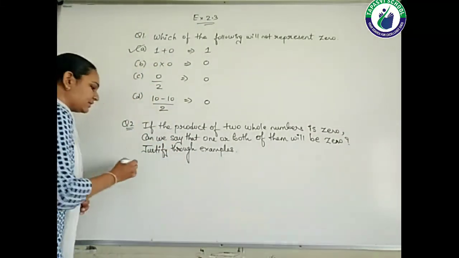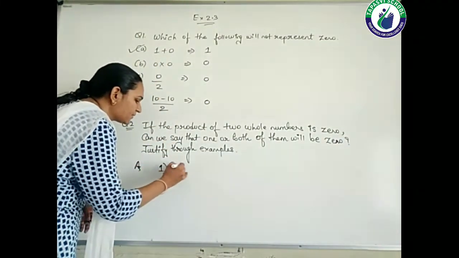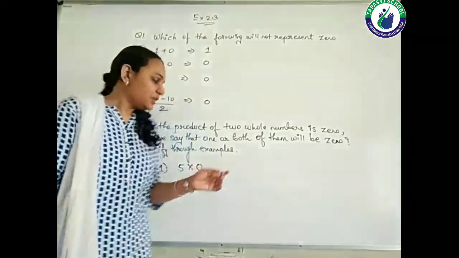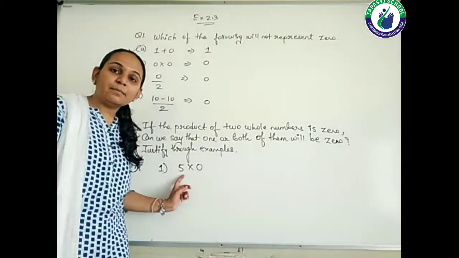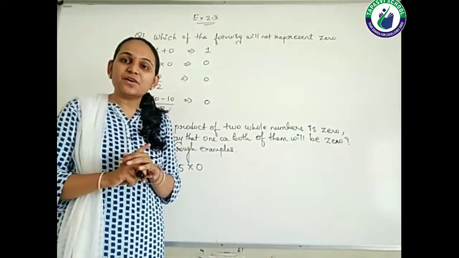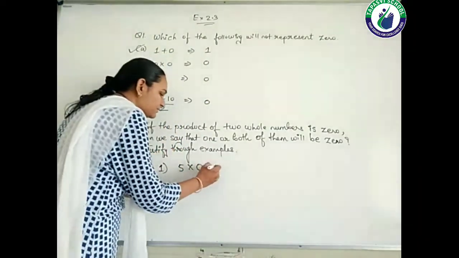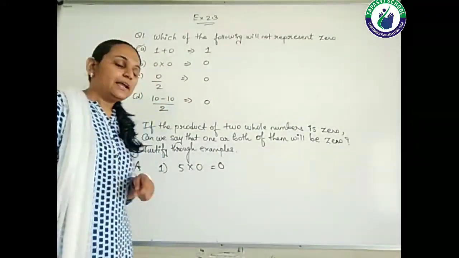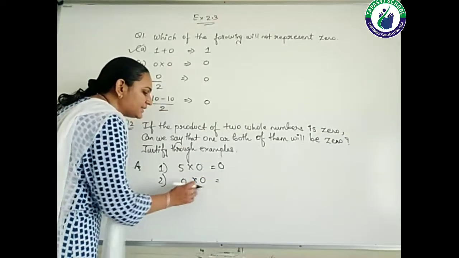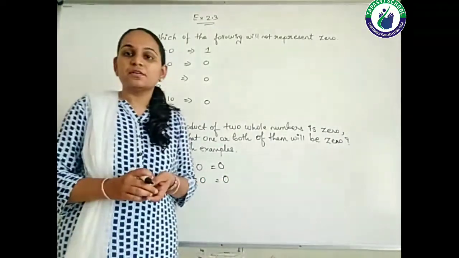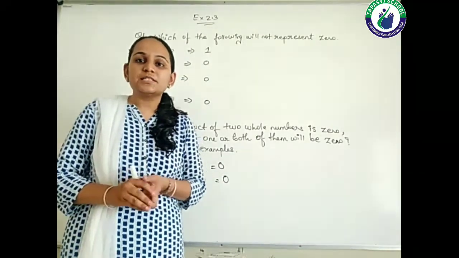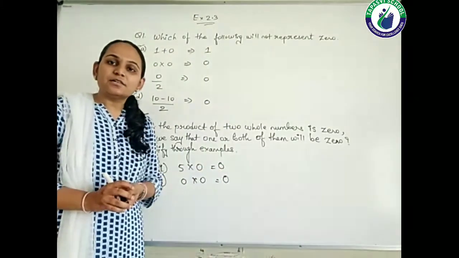I am taking the first example, that is 5 multiplied by 0, right? Here my one number is 5 and another number is 0. So let's multiply. What we get students? 0, right? Now another one, where both the numbers are 0. In this case also the answer will be 0. So we will say that in both the cases we get the answer 0.